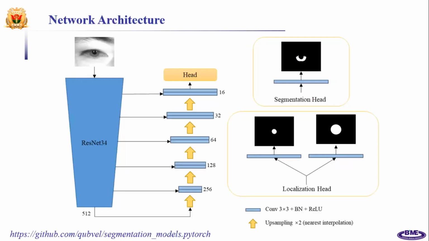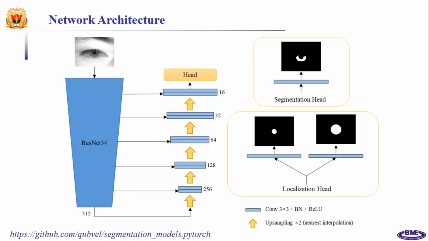We chose the UNet as our framework. ResNet34 is selected as the backbone of the network. After an image is input to ResNet34, the feature map with 512 channels is obtained, and the spatial resolution is 1/32 of the original one.